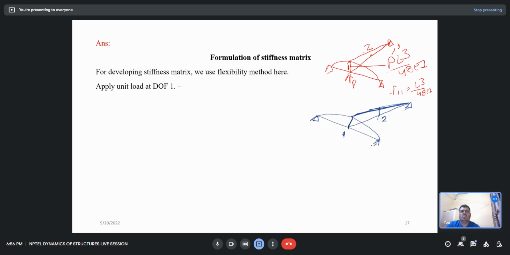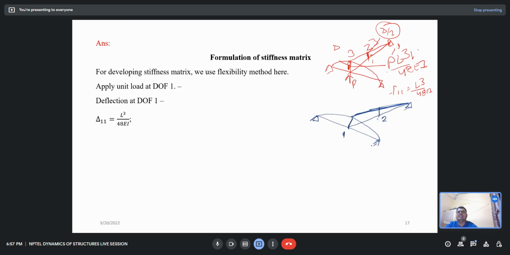And now due to this load we have to find out what the displacement is here. So here the length is L, or 3 meter, like half. Let us say the deflection here is delta. So the displacement here will be delta by 2 because that is linearly varying. So the deflection at degree of freedom 1, delta 1, is L cube over 48 EI.